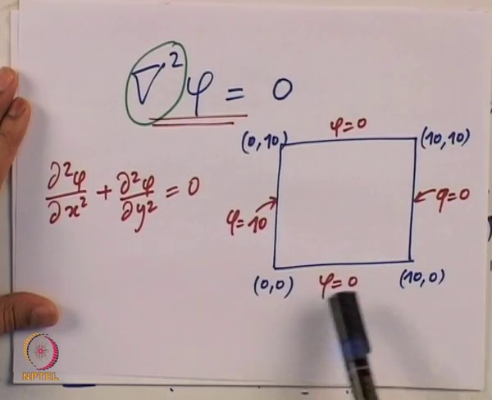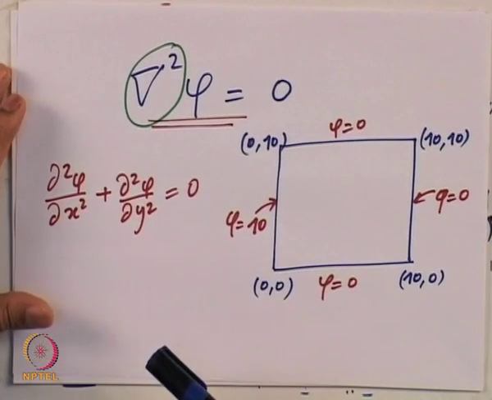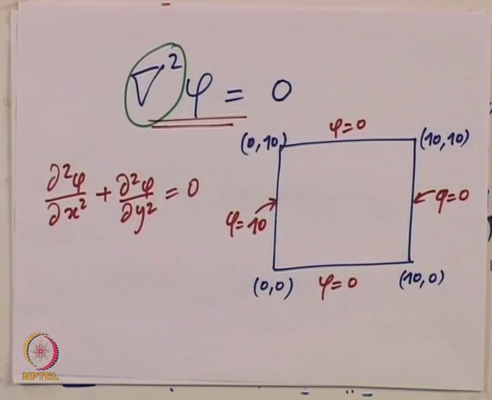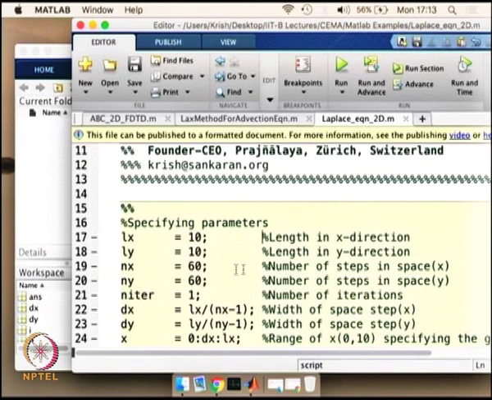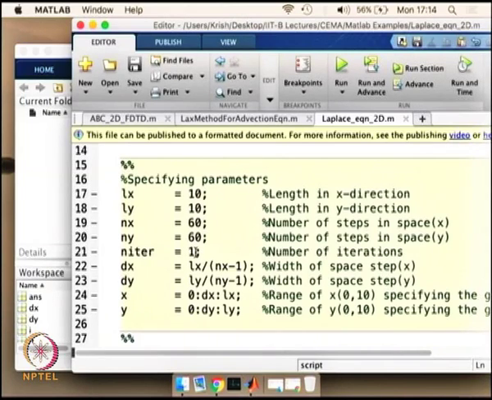So the length in x direction is 10, the length in y direction is also 10, and that is what we have set here, and Nx and Ny are going to be the number of steps in x and y direction. So we have 60 steps in x, 60 steps in y, and the number of iterations are going to be given by n eta, and as you can see I have given here 1 wantedly.